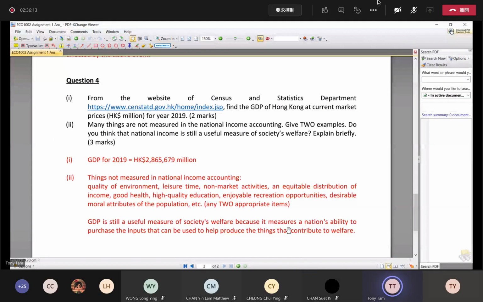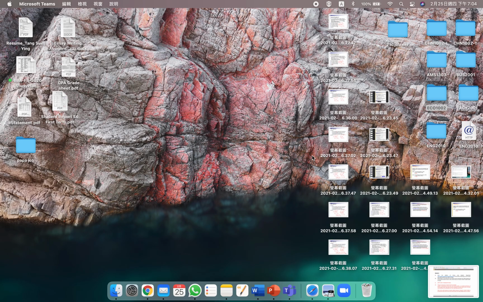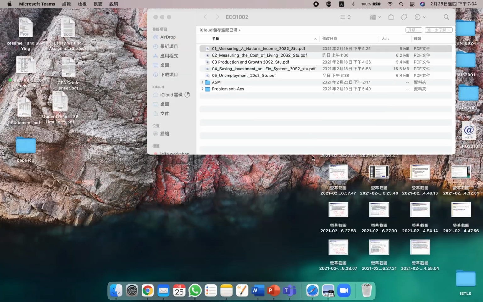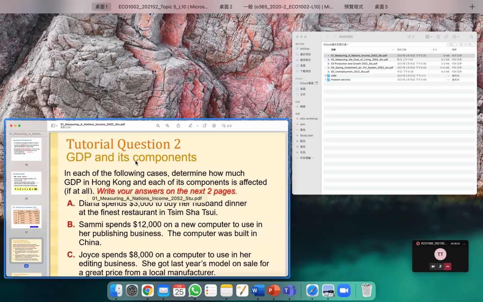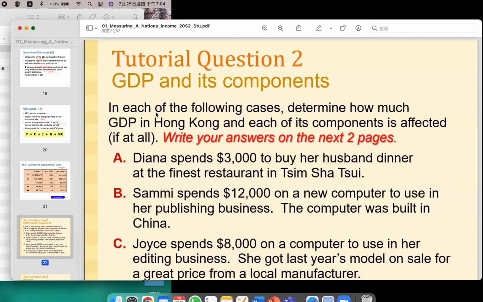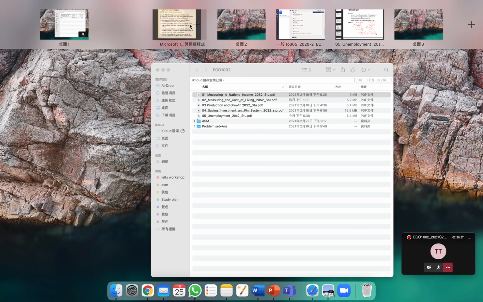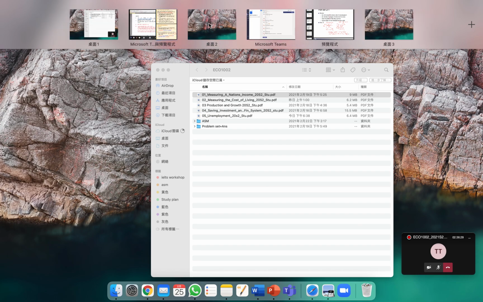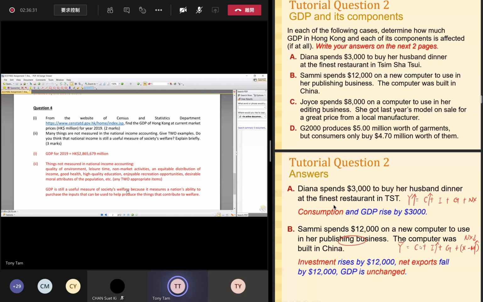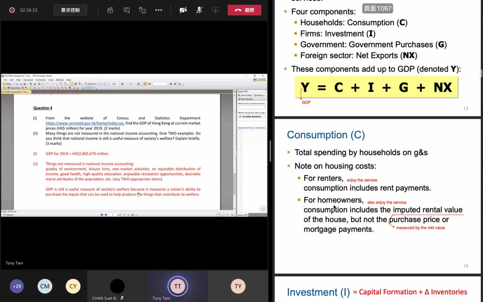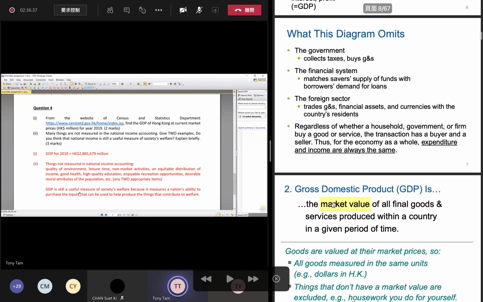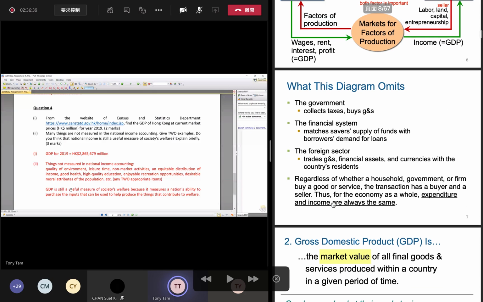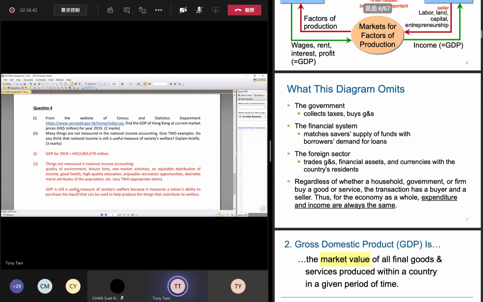So to a certain extent, is there any problem? We just say that no other single measure is better than GDP to measure or reflect our standard of living. But we have to admit that GDP is not the perfect measurement.